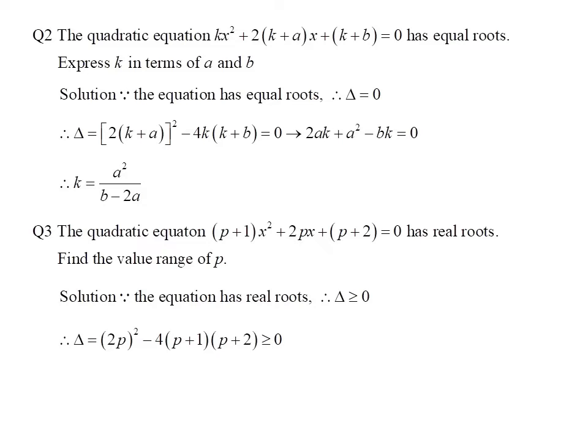So the inequality is established, which is (2p) squared minus 4 times the sum of p and 1 times the sum of p and 2 greater than or equal to 0. Finally, we find that p is less than or equal to negative 2/3.